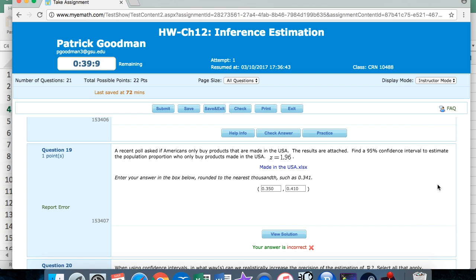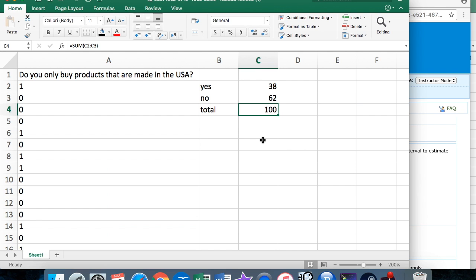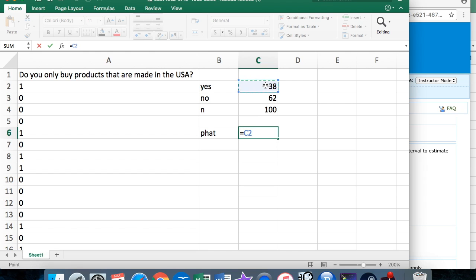Now it asks, find a 95% confidence interval to estimate the population proportion who only buys products made in the USA. Alright, so, in other words, this is our n, right? Oops, not no. It's our n. So our p hat, so only in the USA, that'd be your total of yes divided by everyone, right?